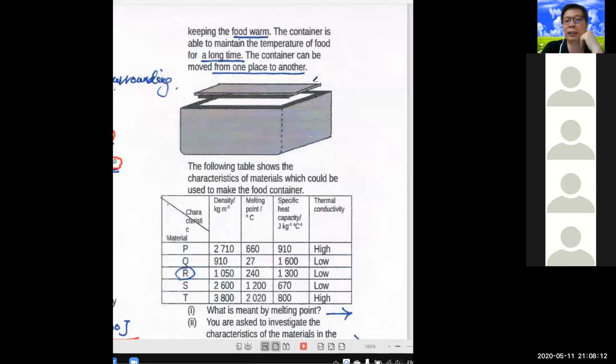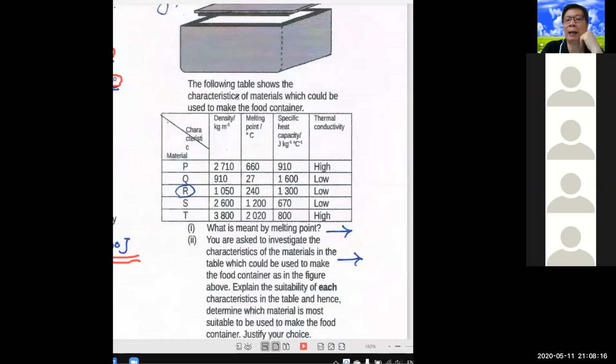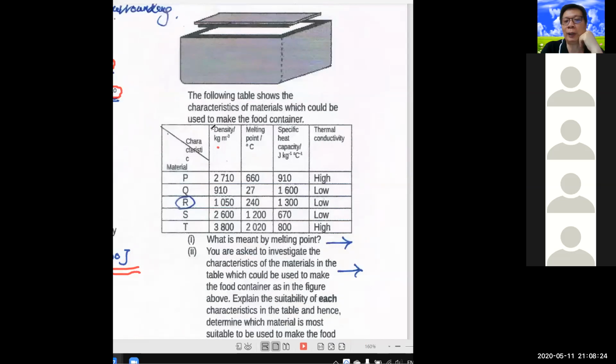Now the question is, the following table shows the characteristics of materials that would be used to make the food container. One is the density. This thing needs to be light, because it's easy to move along. So the density must be small. Density small means it will be lighter.